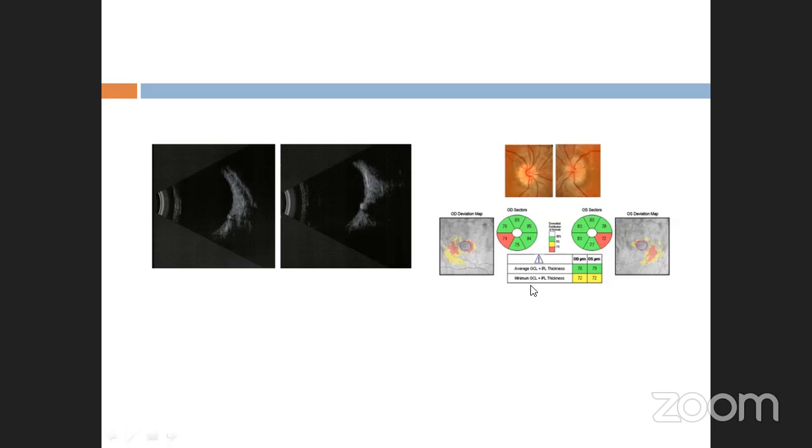We are preparing a study that will appear, inshallah, after a few months to publish our findings on nerve fiber layer thickness in drusen in Saudi people. Because it's written in most of the sources that there is thinning of the nerve fiber layer in drusen, but as we notice in our patients here in Saudi Arabia, most drusen cases present with normal nerve fiber layer thickness.